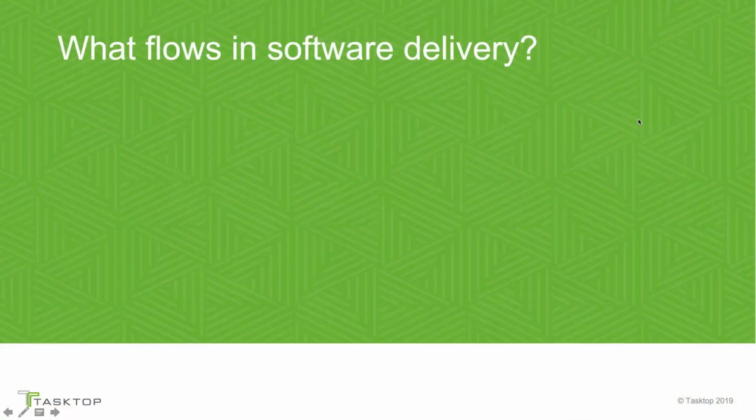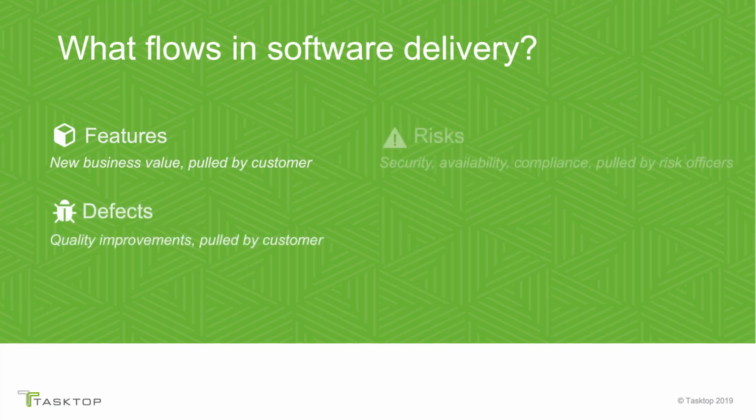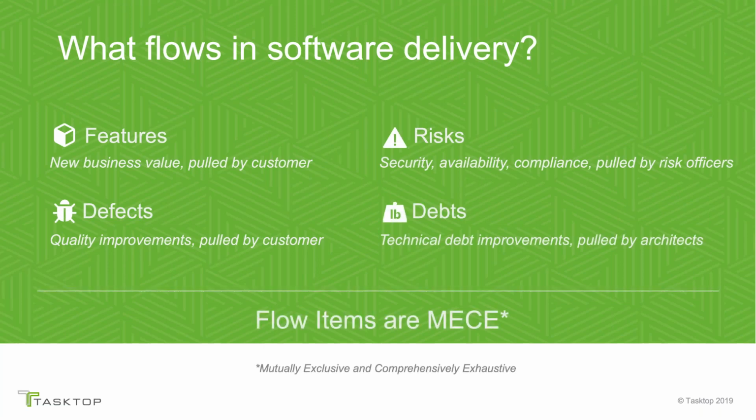Okay, so instead of cars coming out of the end of our product line, what flows in software delivery? So we work on features, defects, risks, and debt. These 4 things together are MECE, mutually exclusive and comprehensively exhaustive, which means that the CEO of our company, who kind of came up with these, is big in the industry.